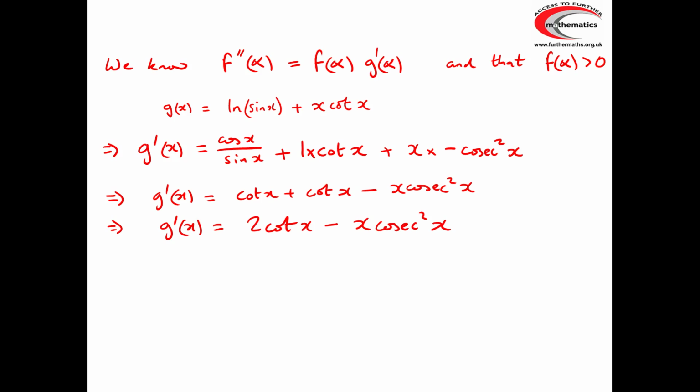So we can now find, using the fact that we know that alpha is 0.399, the value of g'(alpha) from our calculator, which comes out to be 2.1.